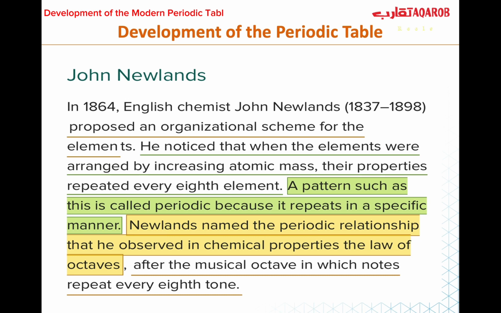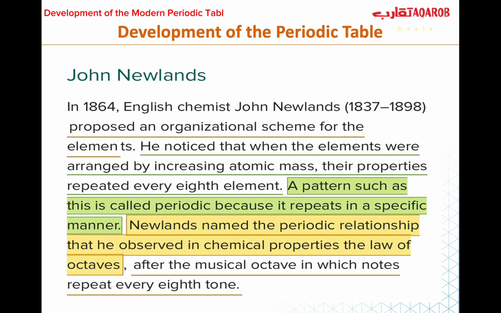So Newlands named the periodic relationship that he observed in chemical properties the law of octaves. He named it this because of musical octaves, in which notes repeat every eighth tone.